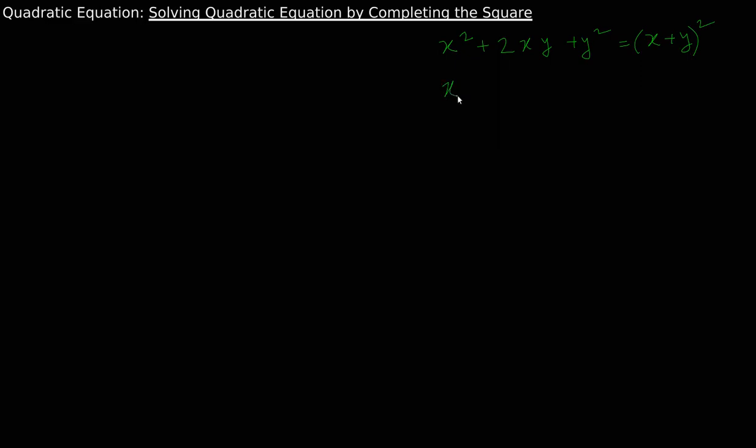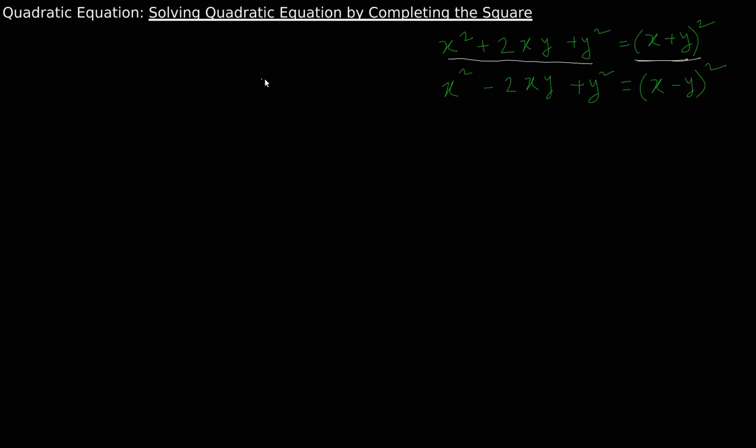So let's say if I have x square minus 2xy plus y square, then it is going to be (x minus y) square. So in both cases, as you can see, we are able to write these three things into a completing square. Okay, so that's what is called completing the square.